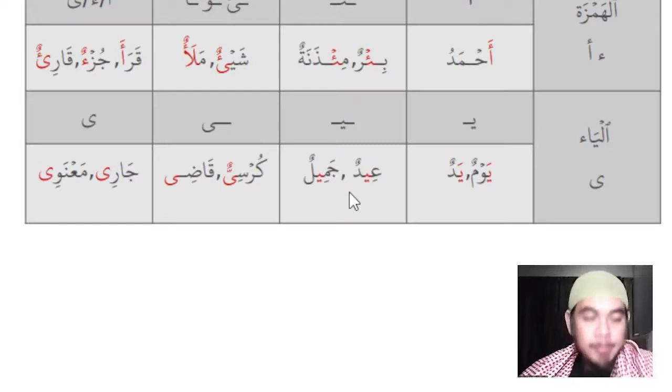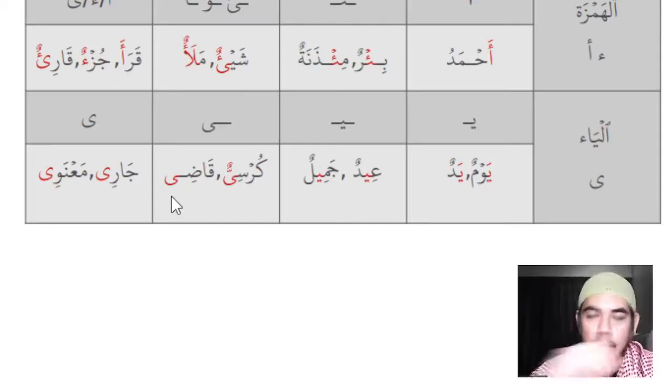Okay. Alright. The next one, at the end of a word, ya will look like original shape. See, kursiyun, qadiyun. Ya kalau kat belakang, dia akan kelihatan sama macam huruf dia yang asal, cuma dia mungkin kecil sikit permulaan dia tu. Dia tak sebesar yang original.